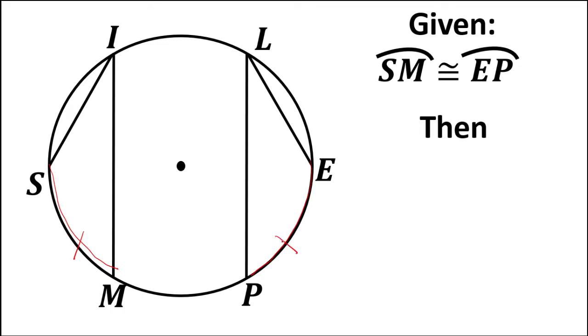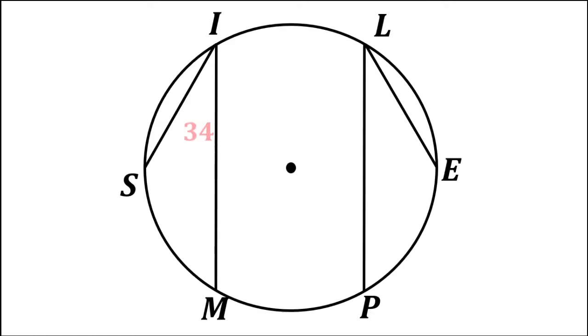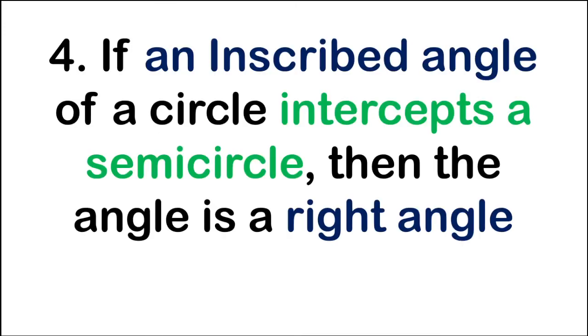If they are congruent, then angle SIM is also congruent to angle ELP. So, ito at saka ito, pareho din ang sukat. Okay? Say, for instance, if this is 34 and SM is congruent to PE, therefore, angle ELP is also 34.